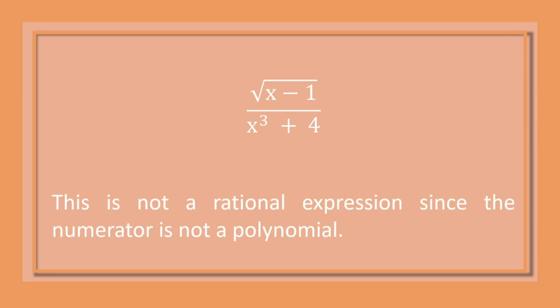About this one, square root of x minus 1 over x cubed plus 4. You are correct. This is not a rational expression since the numerator is not a polynomial. Why? The variable x is inside the radical.